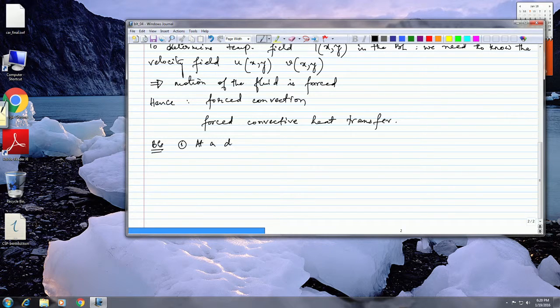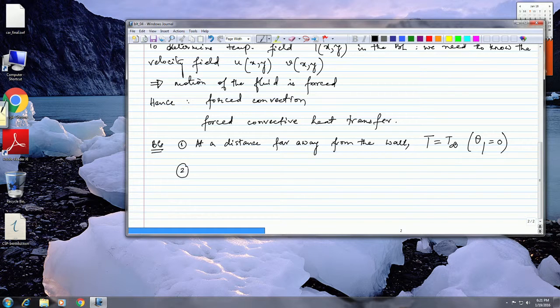At a distance far away from the wall, the temperature is equal to the free stream temperature, so that the non-dimensionalized temperature difference, theta 1 basically, is 0, right.